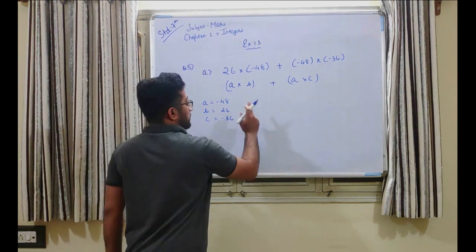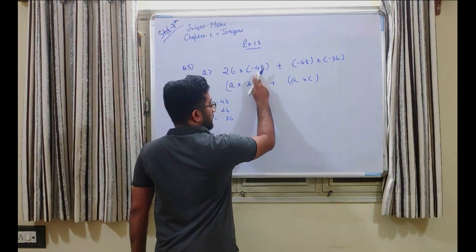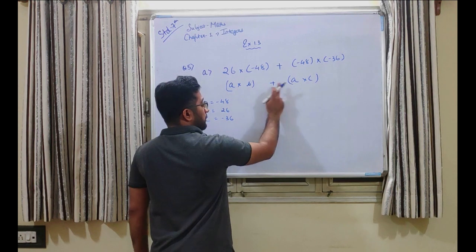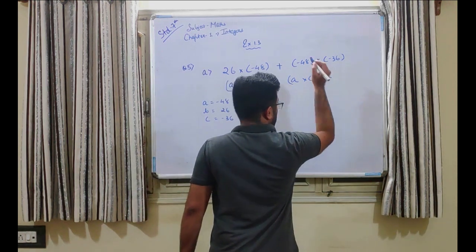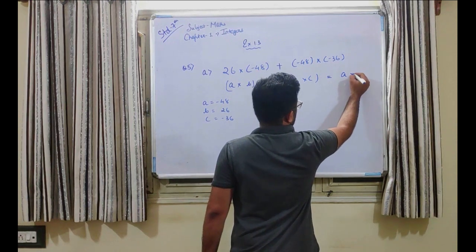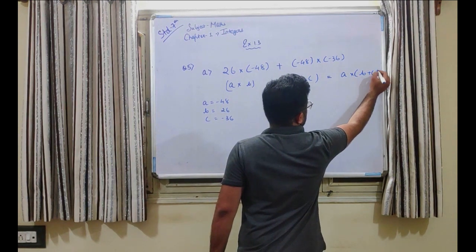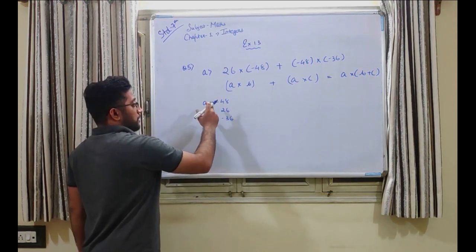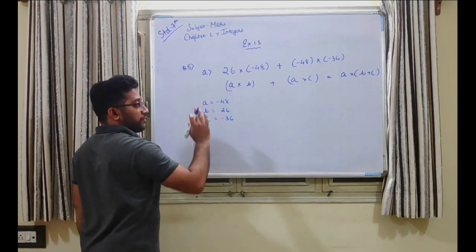A is minus 48 because it is repeating here and here. In the general form also it is repeated, A and A. Now as per the distributive property, what was our RHS side? That is A into B plus C. So we have to find out the numbers A, B and C from the question itself.